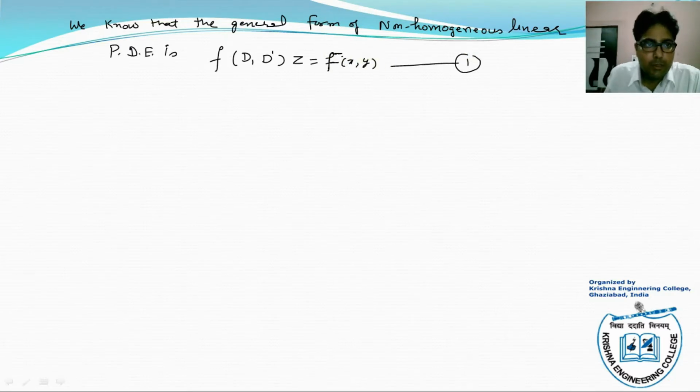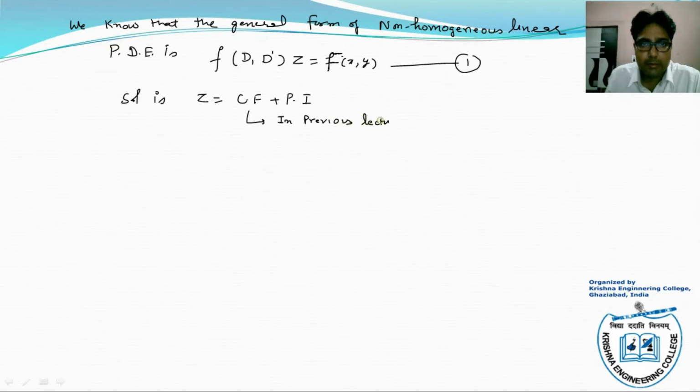The solution of this equation is z is equal to CF plus PI. Clear? The rules of CF we have already learned in the previous lecture. Now, in this lecture, we learn the rules for PI.